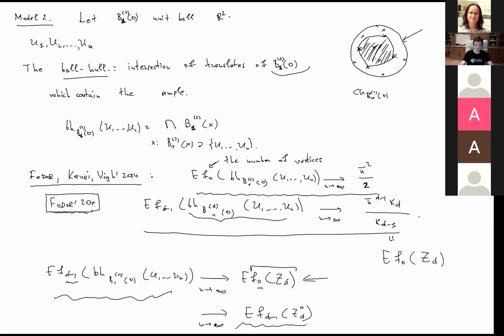Alexander, I have the following question. You consider as an original object convex hulls of uniformly distributed points in some area.